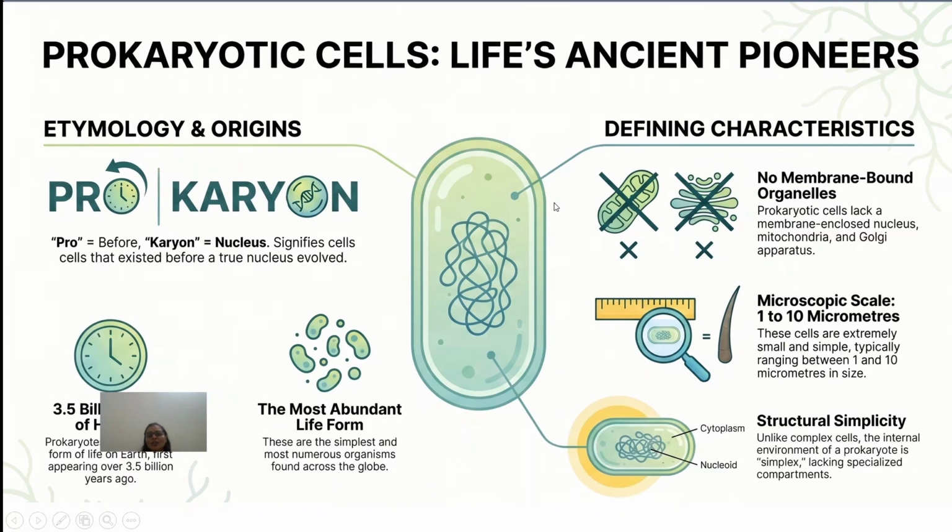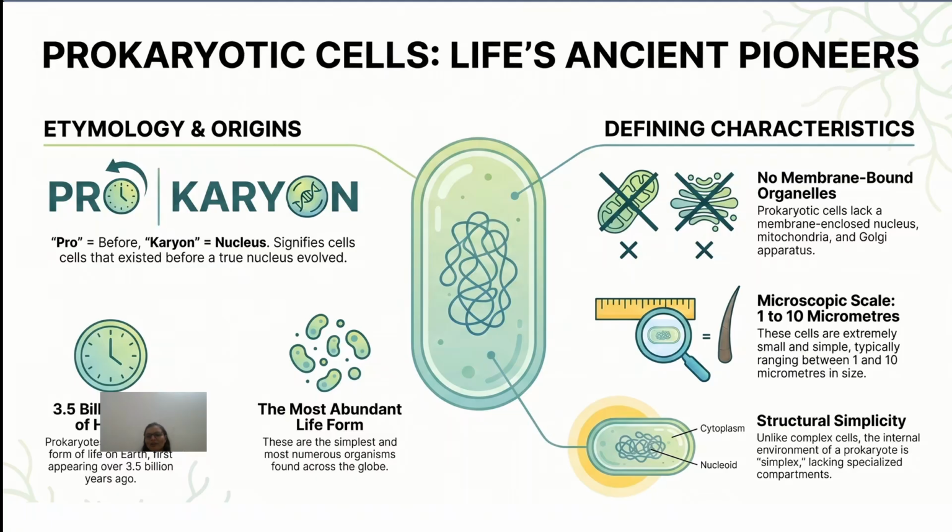So what are the features of the prokaryotic cell? The defining characteristic is that no membrane-bound organelles are present. A membrane-enclosed nucleus, mitochondria and Golgi apparatus are absent. What is the size of this microorganism?